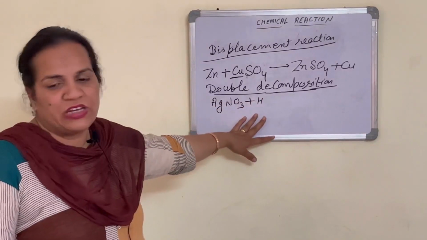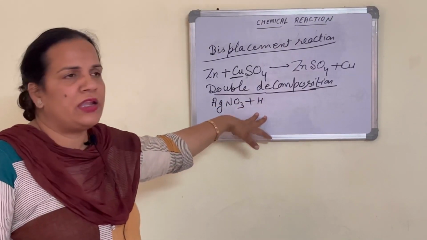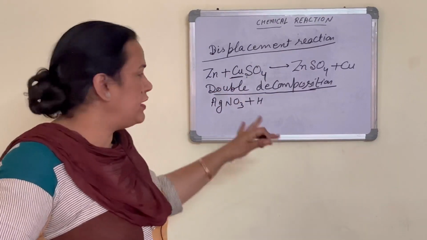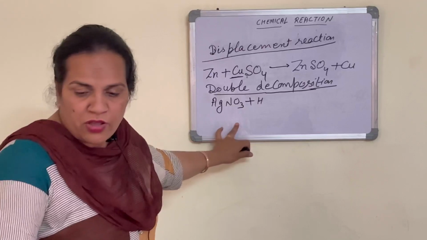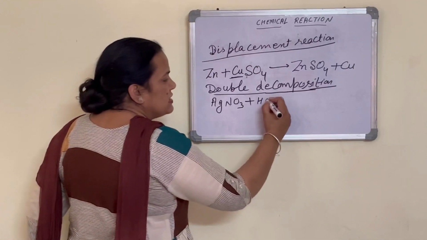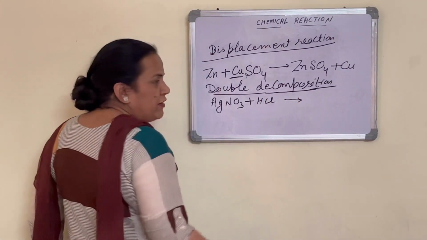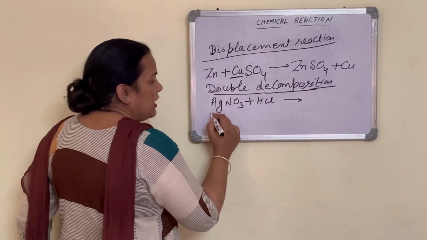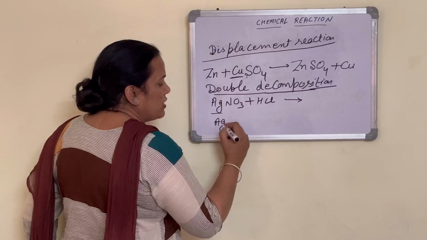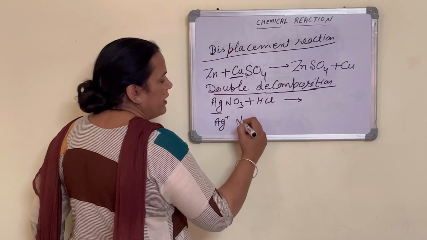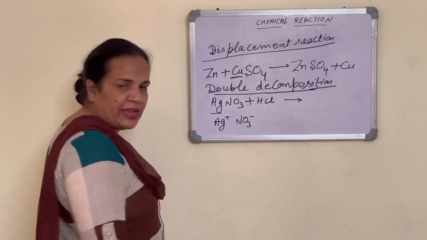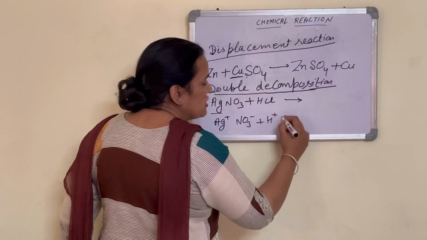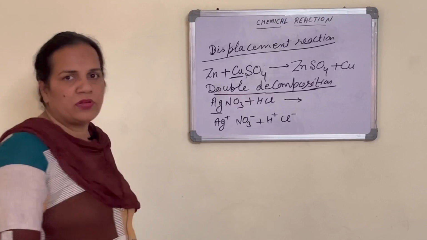Next is double decomposition. In this case, ions can exchange. For example, silver nitrate AgNO3, when it combines with HCl, what will happen here? AgNO3 breaks to form Ag positive and nitrate ions, and HCl breaks to form H positive and Cl negative.